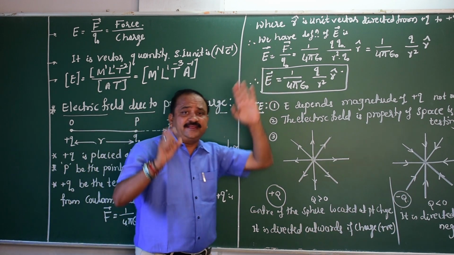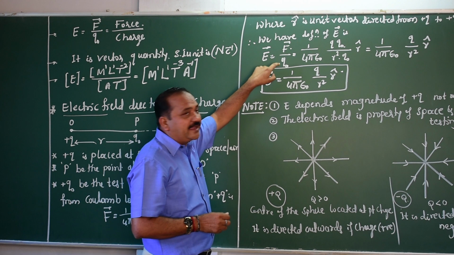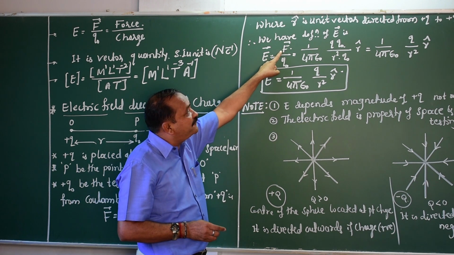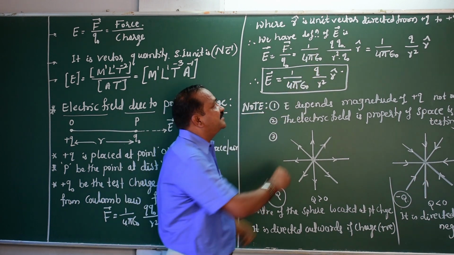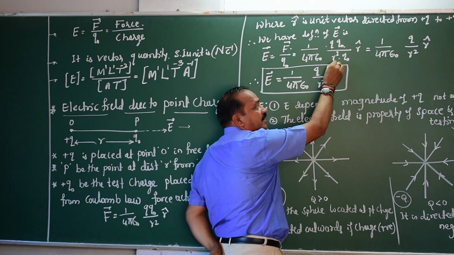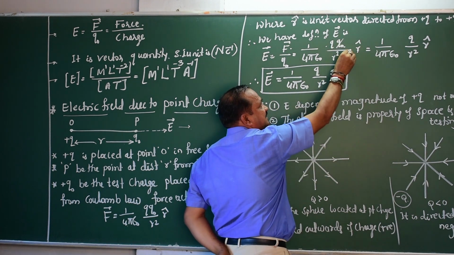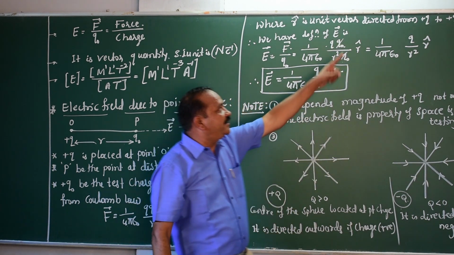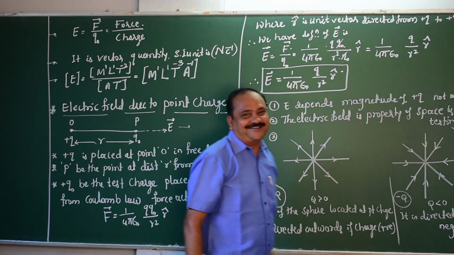Substituting that F value in E equal to F divided by Q naught, the Q naught gets cancelled. Now we have 1 divided by 4 pi epsilon naught, Q divided by R square, into the unit vector.